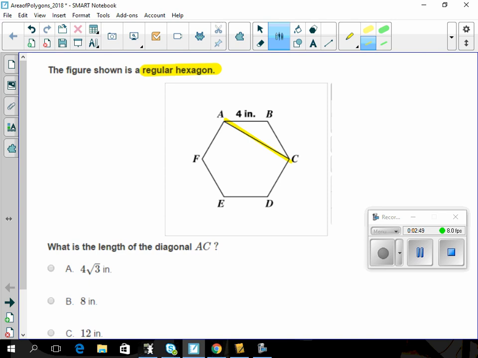And I don't see a right triangle in here quite yet, but I can make one. So let's do that, okay? If I draw in this guy right here, it's going to be perpendicular, which means I have a right triangle. And what do you think that little blue segment does to AC?